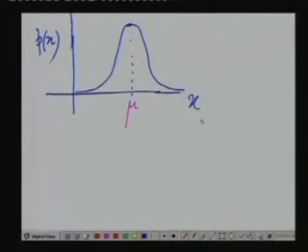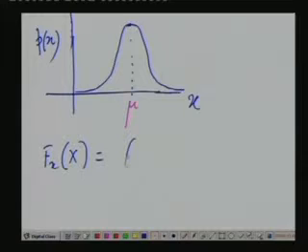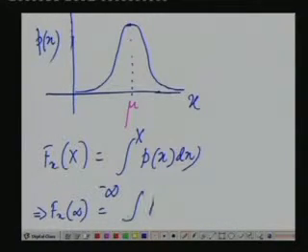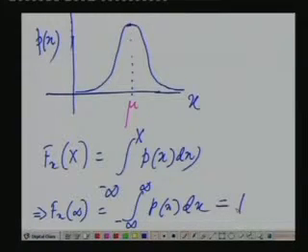And one thing we have seen, what is Px after all? It is the derivative of fx, which means fx is nothing but the integral of Px dx from minus infinity to capital X. That means f of infinity is nothing but the integral of this from minus infinity to infinity, and since that is equal to 1, this probability density function has a total area under it equal to 1.